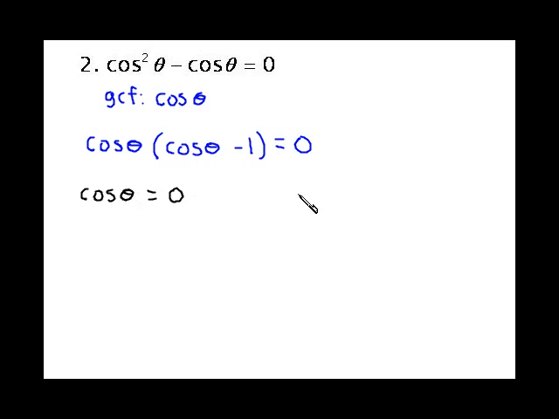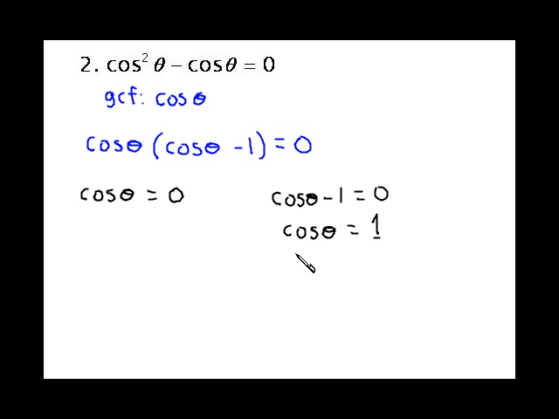The other possibility is cosine theta minus 1 is equal to 0. So we set both factors to 0, just like you would a regular simple quadratic. And this is what we get. Both of these will provide solutions, and we treat them the same way, at least for a while.